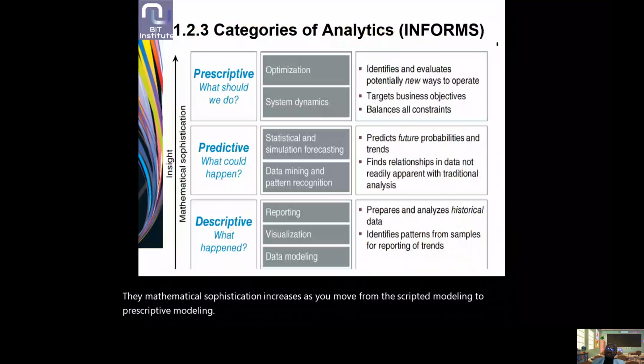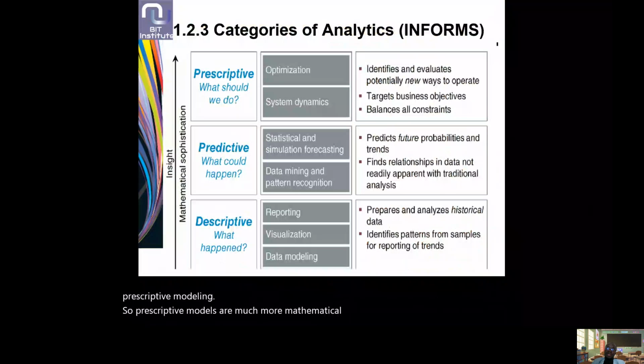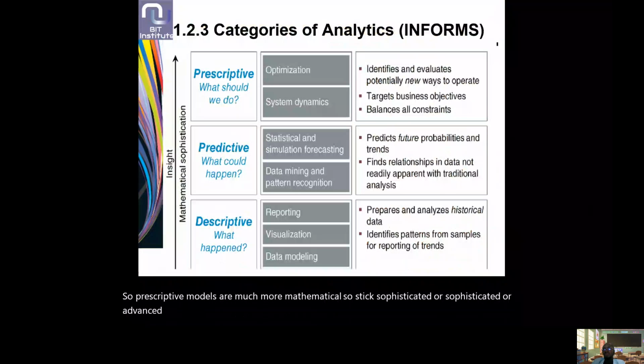Prescriptive models are much more mathematically sophisticated or advanced compared to descriptive models. So it's a continuum of sophistication as you move from the top to bottom.